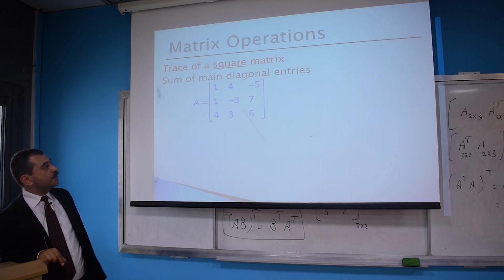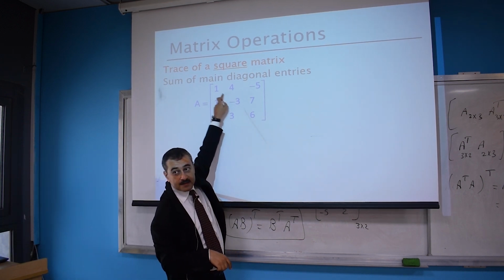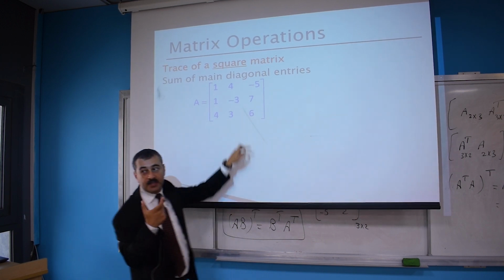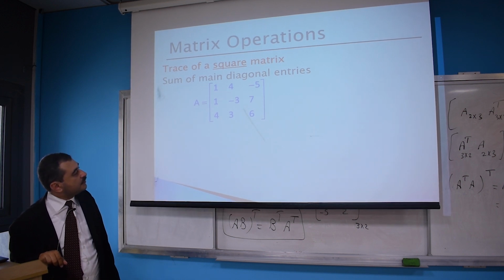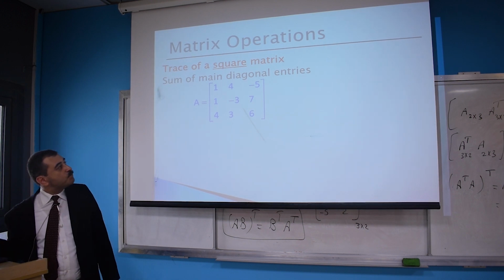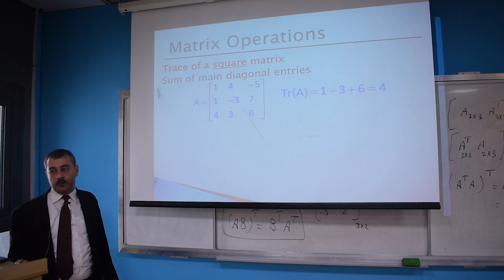So if you have, for example, this matrix, this is called the main diagonal of the matrix. So the trace is the sum of these guys. You'll get a scalar called the trace of the matrix. So the trace for this matrix is 1 plus negative 3 plus 6, which is 4.